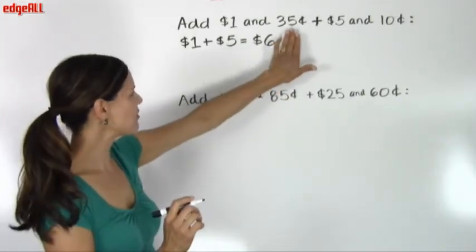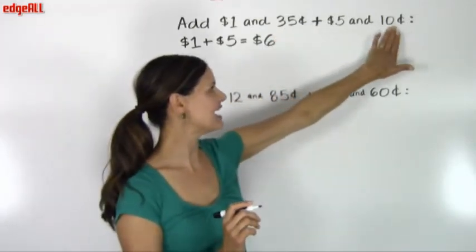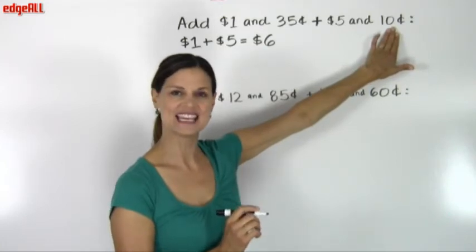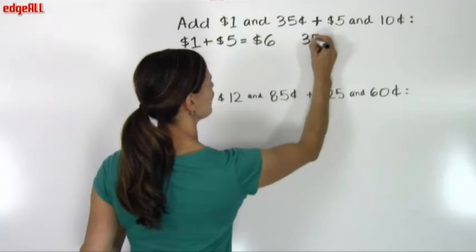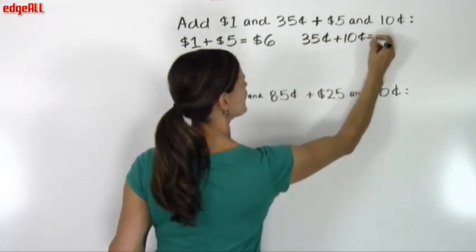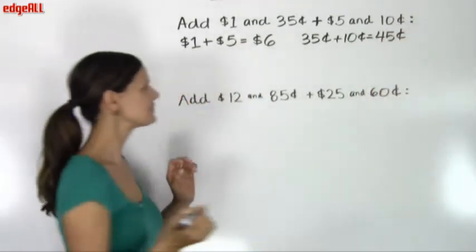So now I'm going to take the 35 cents and add that to the number that's written in the similar units of cents, 10 cents. So I can do 35 cents plus 10 cents equals 45 cents.